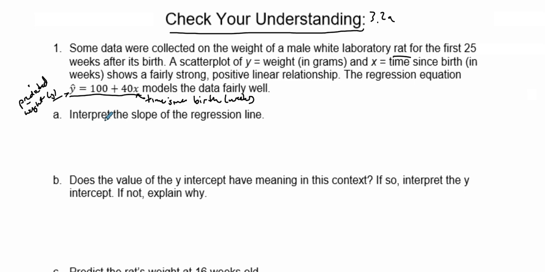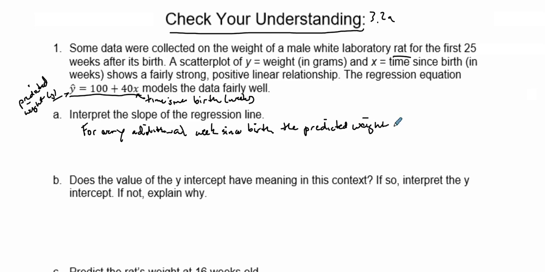So we want to interpret the slope of the regression line. The slope essentially states that for every additional week since birth, the predicted weight will, now this is where we look at our slope, 40 is our slope, the predicted weight will increase.